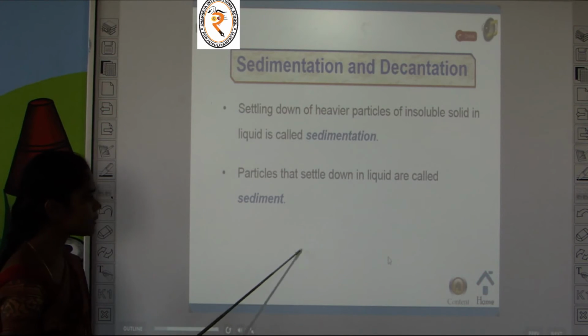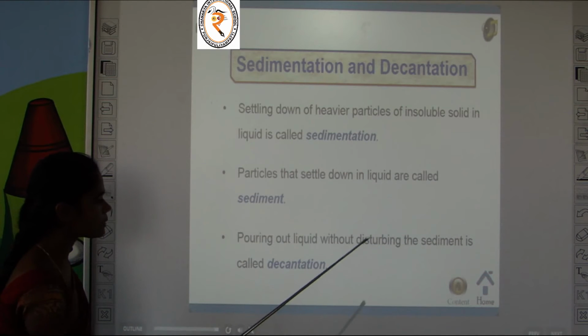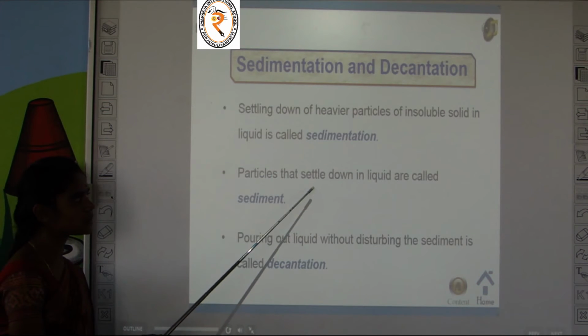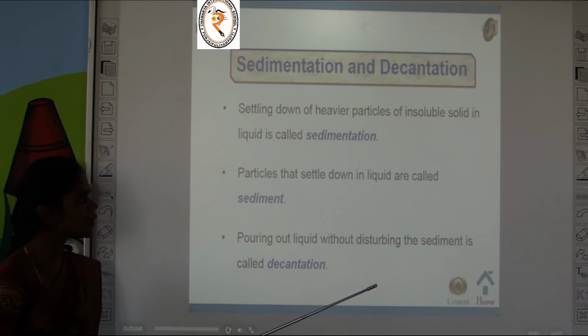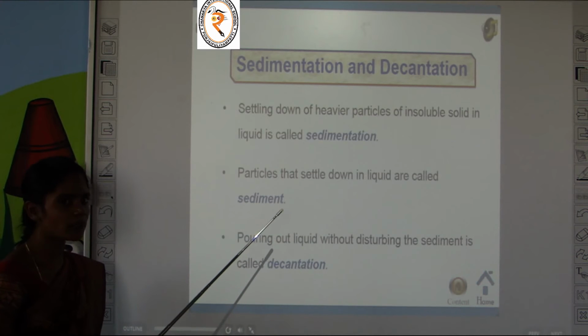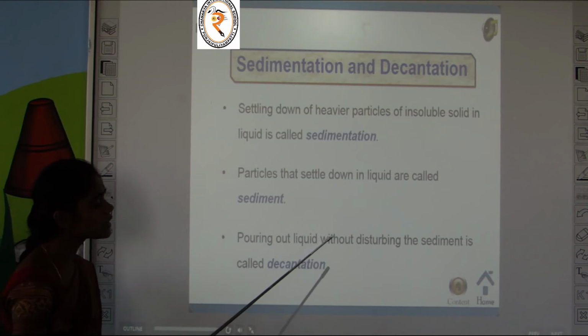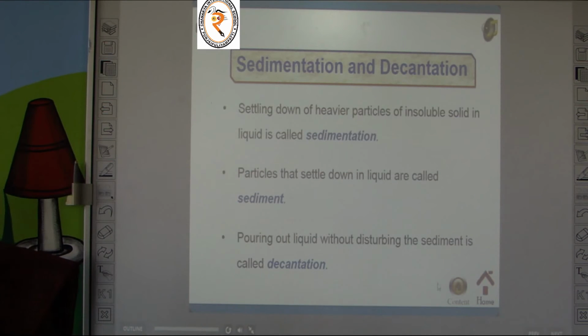Pouring out liquid without disturbing the sediment is called decantation. The liquid is poured out into another glass without disturbing the sediment particles. So pouring out of liquid without disturbing the sediment is called decantation.